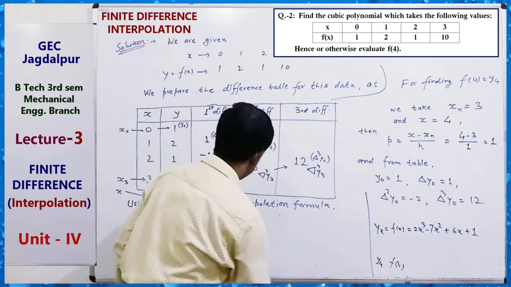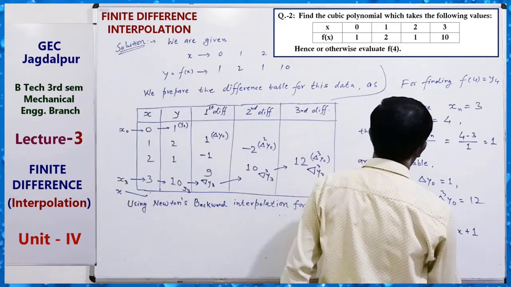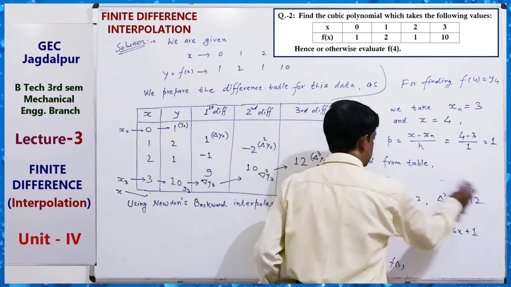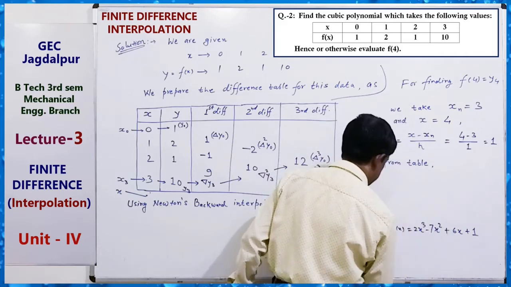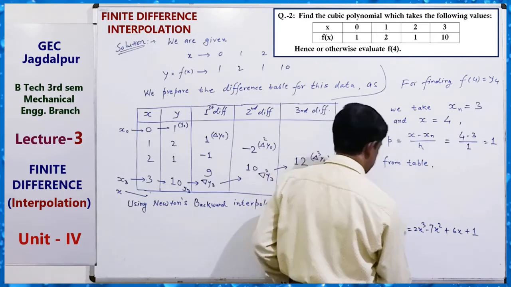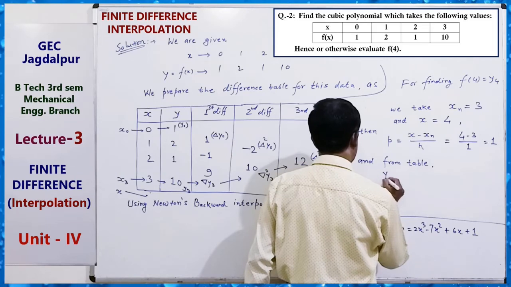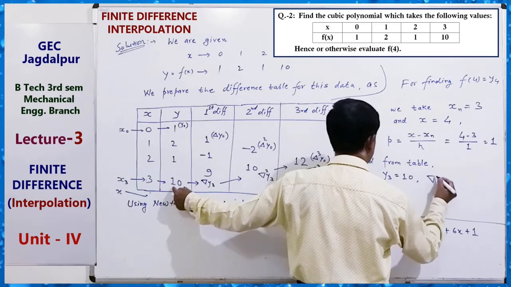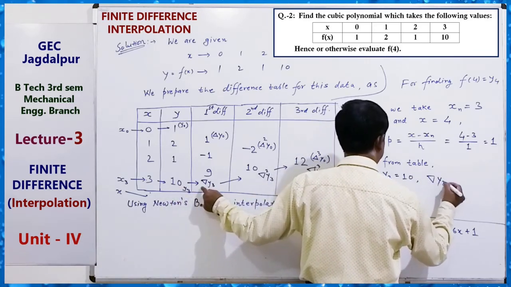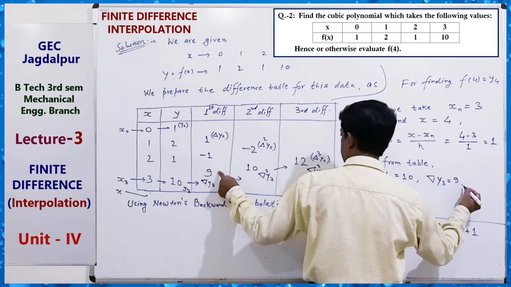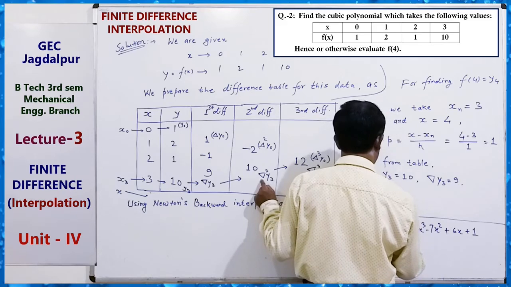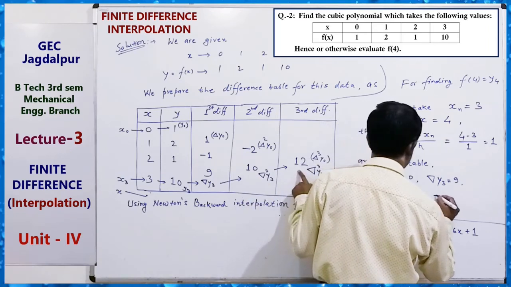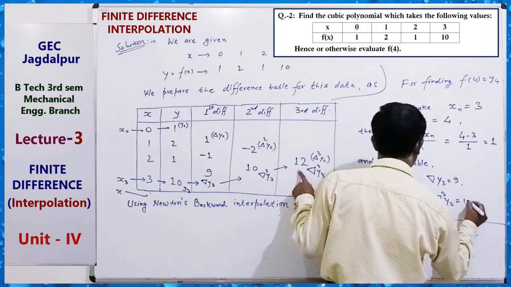From the table here, y3 equals 10, the backward first-order difference equals 9, the second-order difference at y3 equals 10, and the backward third-order difference equals 12.